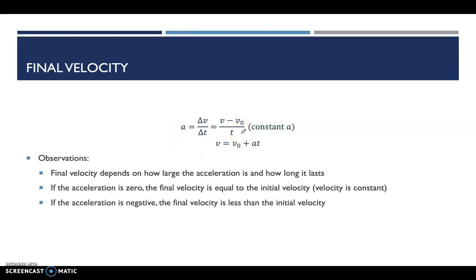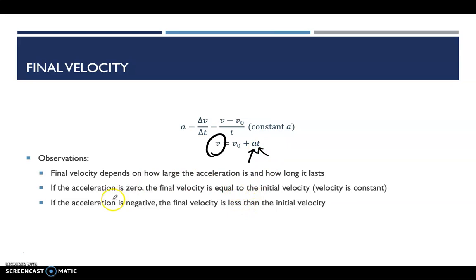Now we can make some observations. First, our final velocity, v, depends on how large our acceleration is and how long it lasts. So it depends on the acceleration and the time.